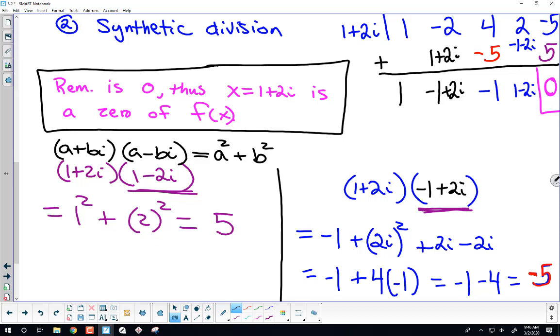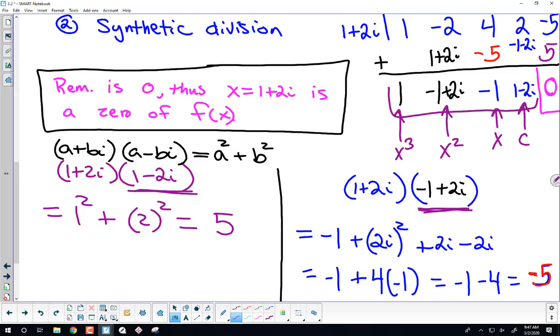Because remember, these numbers below the line are the coefficients on our powers of x. This is attached as a constant, so no x with that one. We've got a negative x for this one. This is our coefficient on x squared, and this is our coefficient on x cubed. And yeah, we just put those numbers in parentheses in front of the x squared.